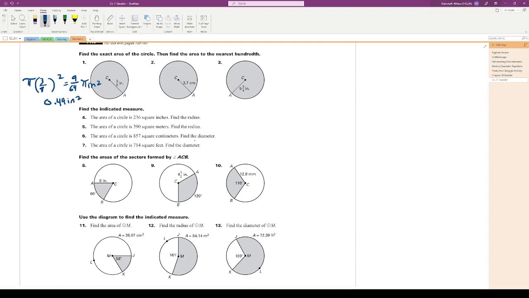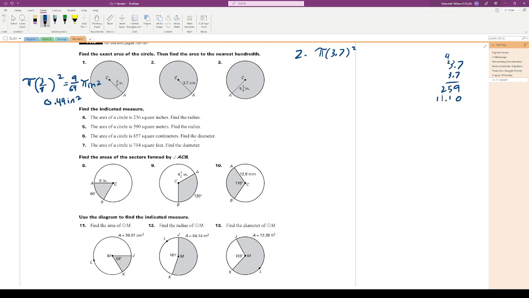All right, second one, we have 3.7 centimeters. So I'm going to put, this is number 2. So we have pi times 3.7 squared. I have no idea what that would be. So that's a 9, that's a 4, that's a 21, 25, and that's a 0, that's a 1, that's a 2, that's an 11.